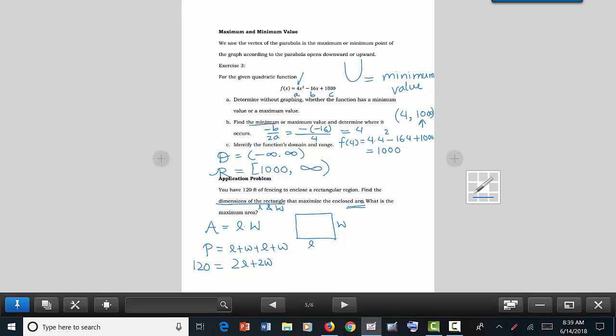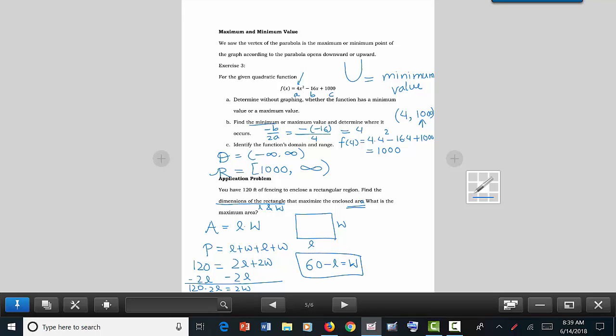Now you want to solve for one variable so that we end up with a single variable. Let's subtract 2L from both sides: 120 minus 2L equals 2W. If you divide both sides by 2, we get 60 minus L equals W.